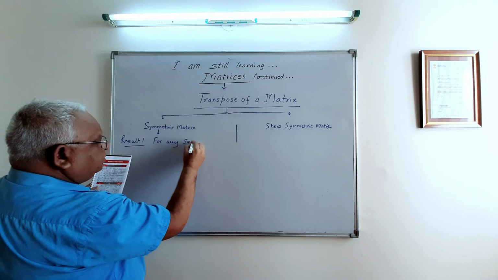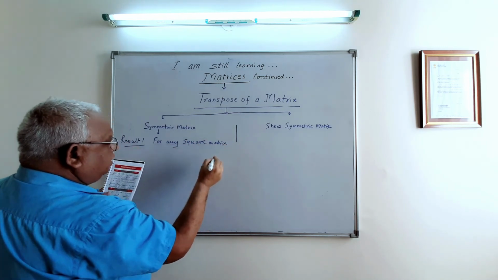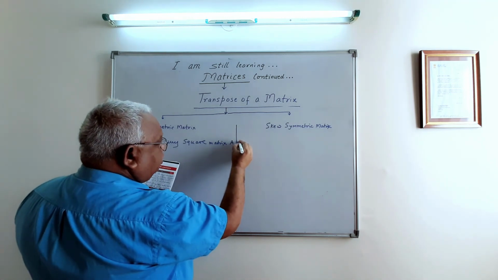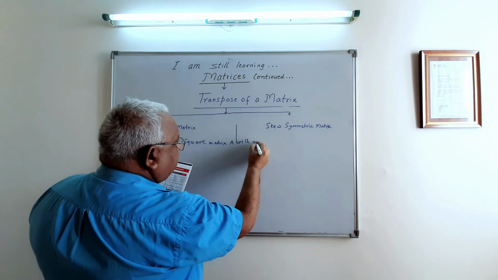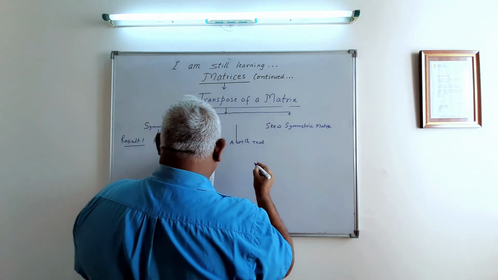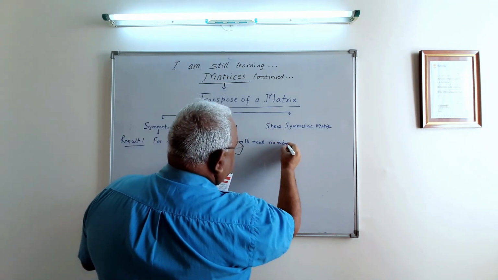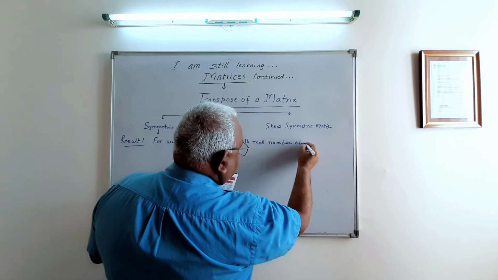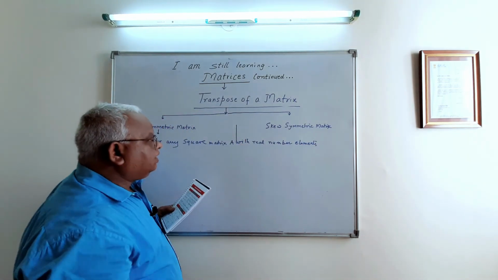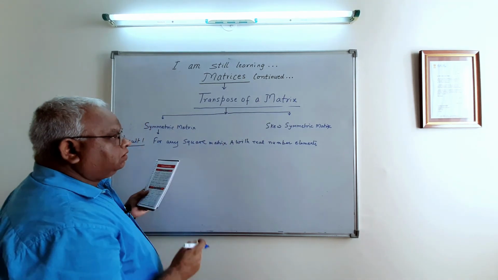For any square matrix A with real number elements, your elements should be real. Real number elements means your elements must be real.